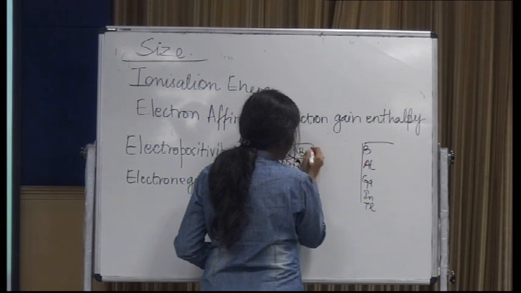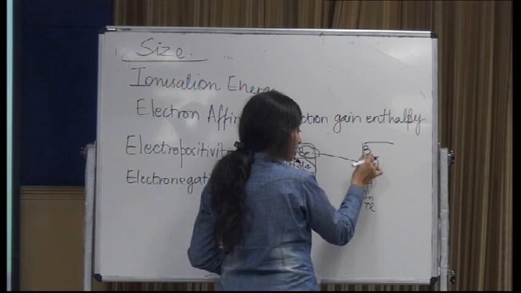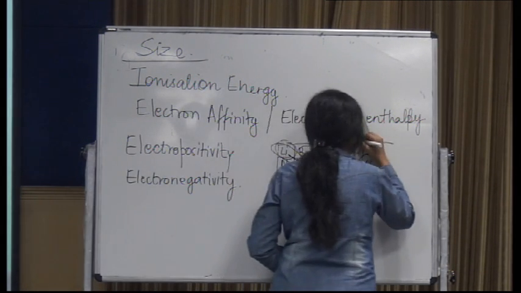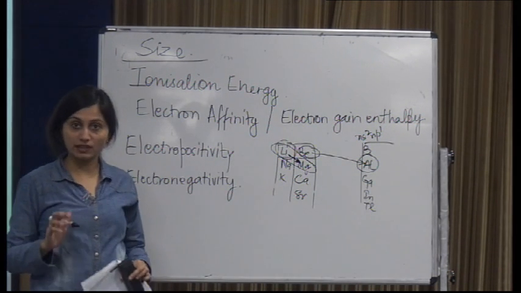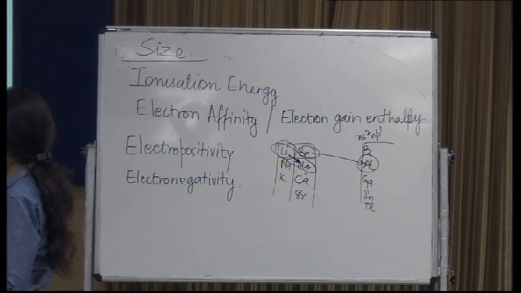So this will have properties similar to aluminium. It is not with the rest of them. The rest of them will have properties similar to ns2np1 only.